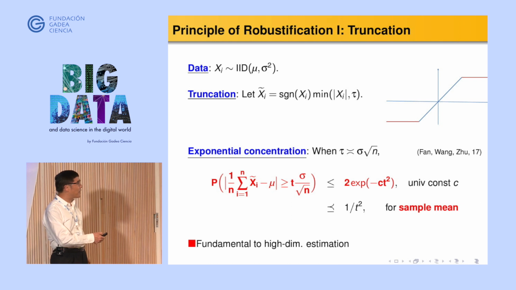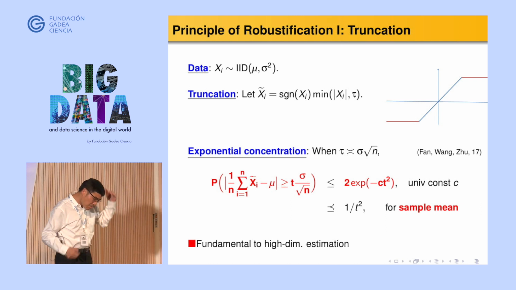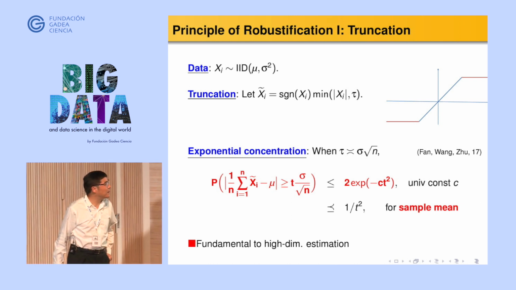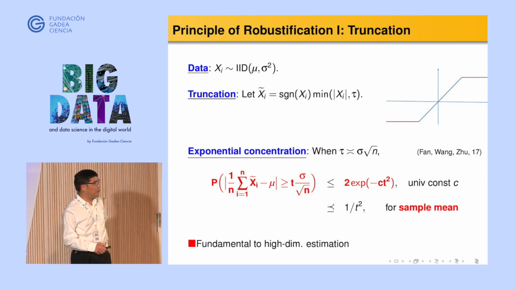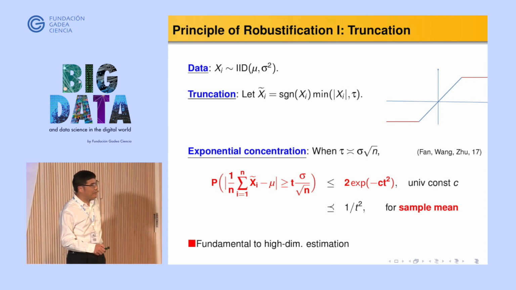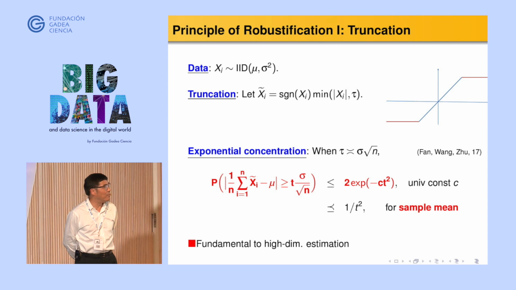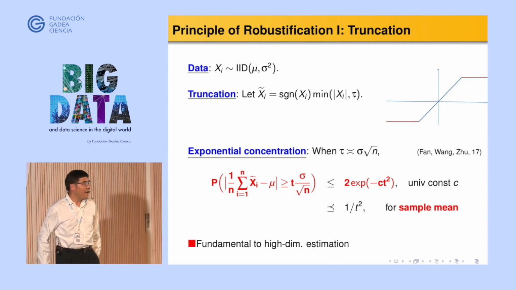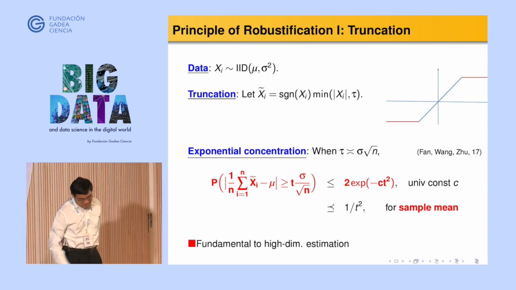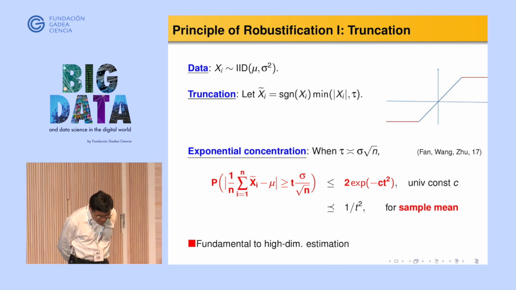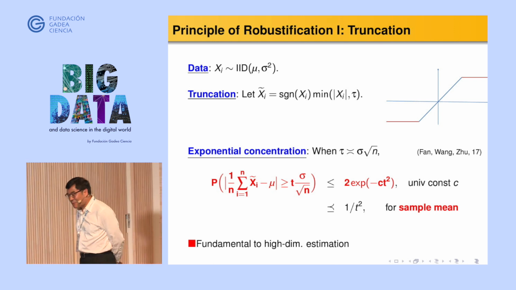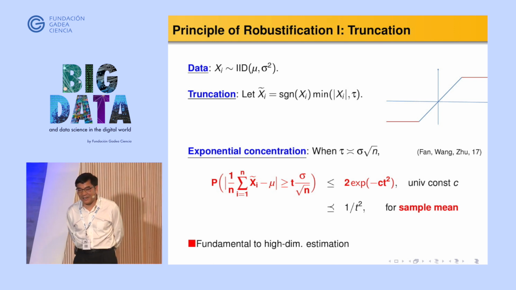So I just truncate my data at a certain high level tau. In other words, you keep data when it's less than 3 standard deviations and truncate when it's above 3 standard deviations. This is actually related to what I talked to Nancy about last night. The paper was written in 2012 and published in 2017. It looks pretty bad.